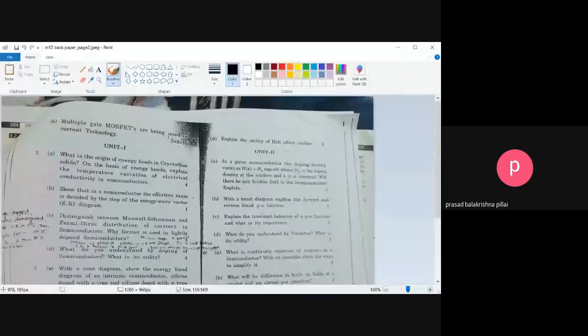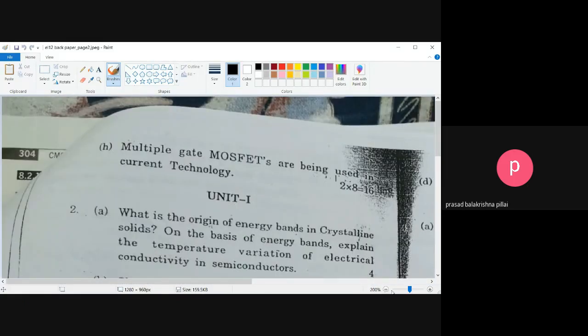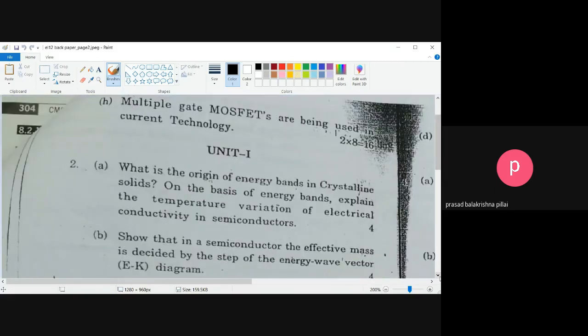Is it visible? The unit one. Forget about the other part. Are you able to read? No, the quality is not very good, but this is all I could get, thanks to Naveen.